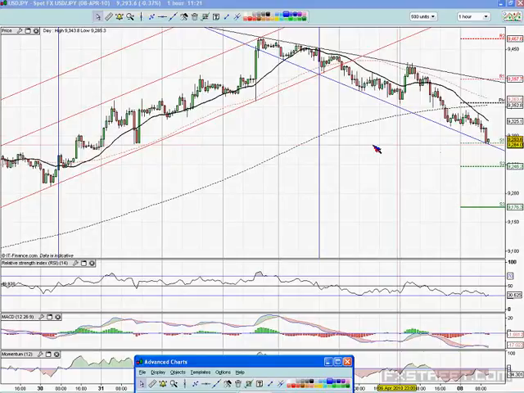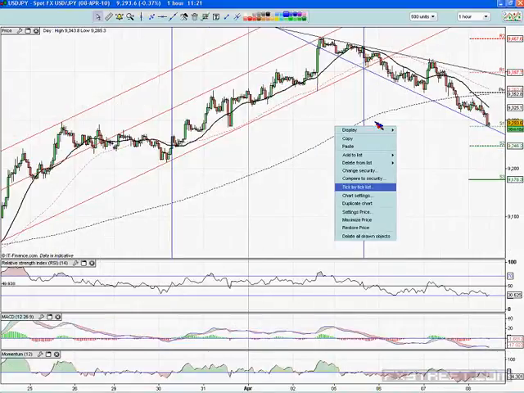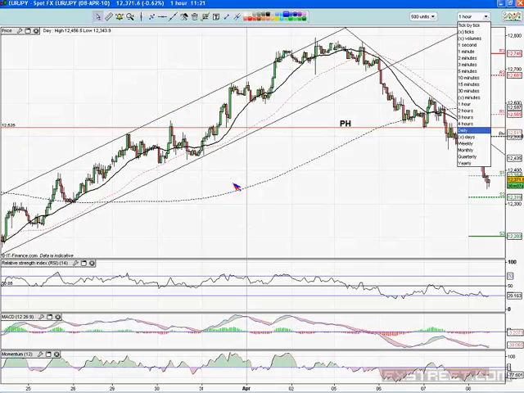Okay, I'm going to move over to the Euro Yen chart now. I do use Elliott wave as well, by the way, a lot in the analysis, but I use the Elliott wave for the long-term charts.